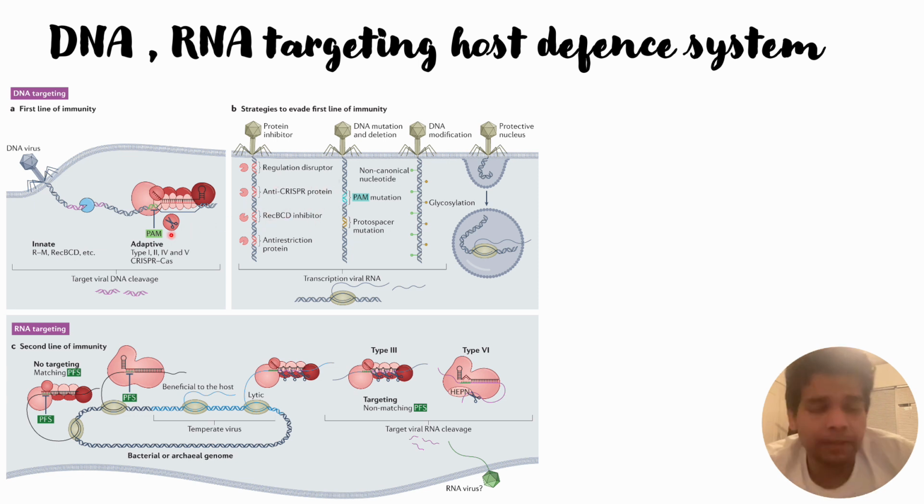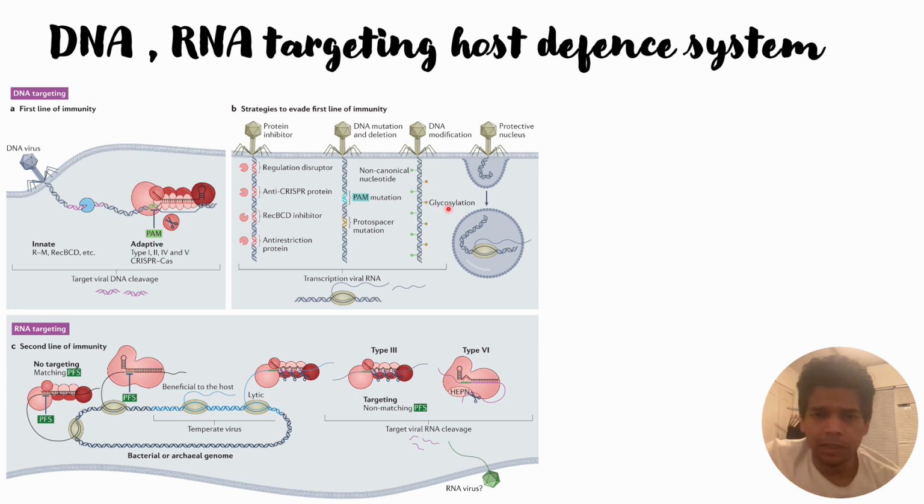Since CRISPR targets foreign antigen at the PAM sequence, sometimes the PAM sequence is mutated in the virus, so this first line of immune defense will not be able to target such viruses. Another thing that helps the virus is glycosylation, and we have covered glycosylation in many of our videos.